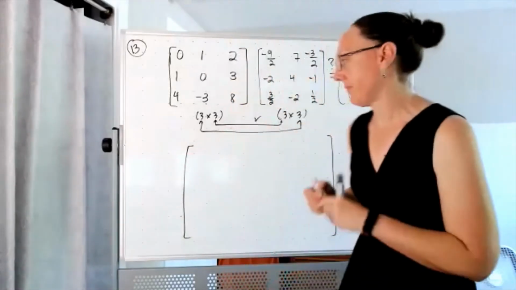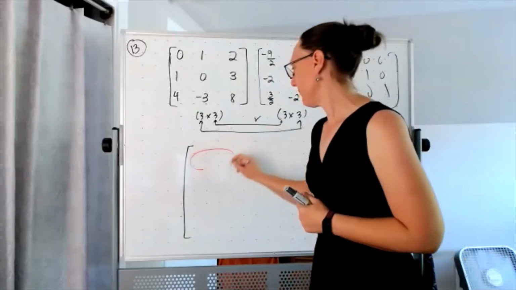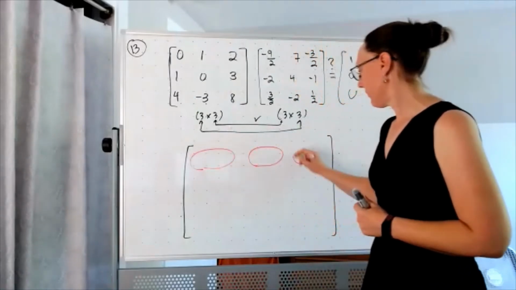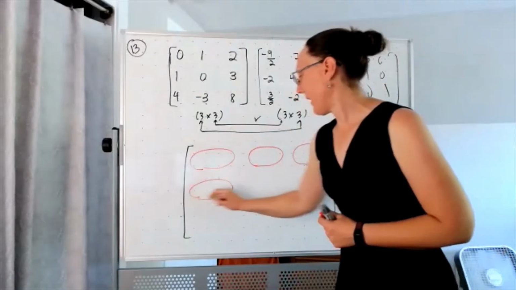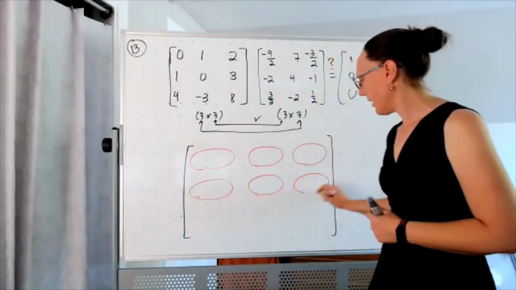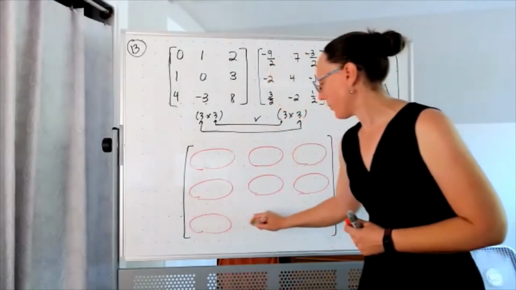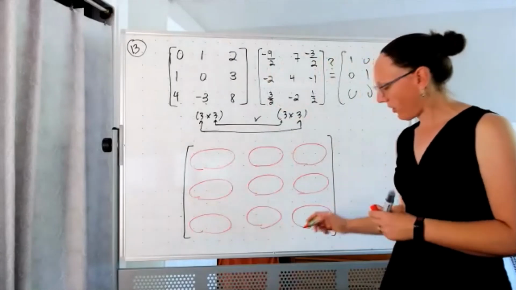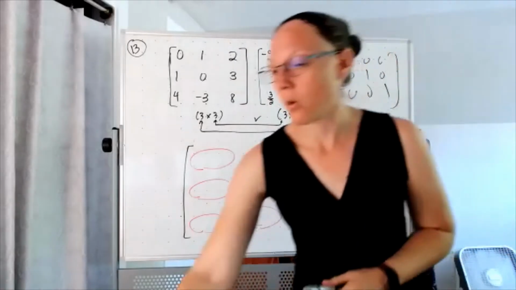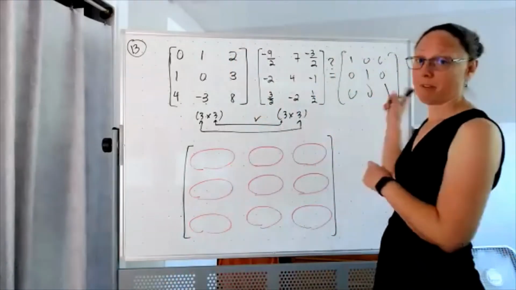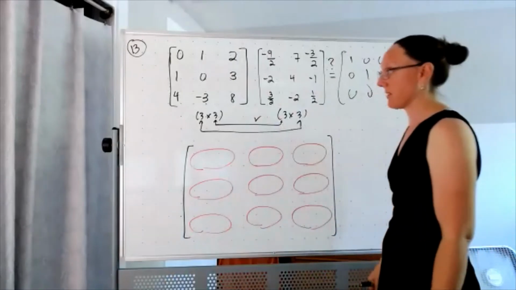And we're going to have these 9 things to compute, and we would need all of them to match up in order for it to be verified that it is the inverse.